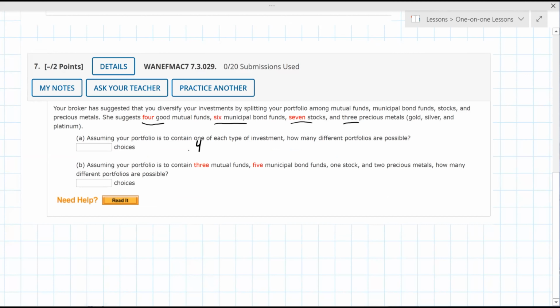So there's 4 possibilities there, 6 of those, 7 of the stocks, and 3 of the precious metals. But you're only choosing one, and that's how many are in each position. So we had to multiply those numbers: 4 times 6 times 7 times 3. That's 504.